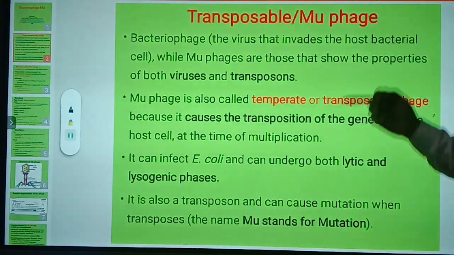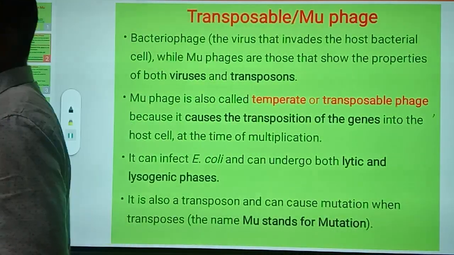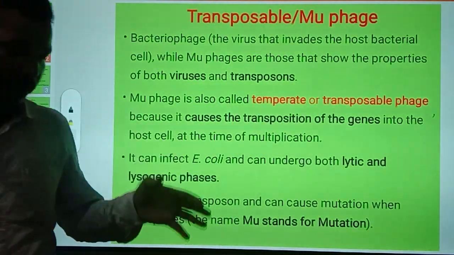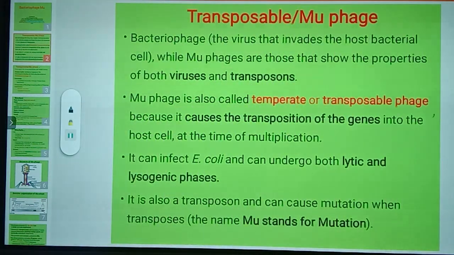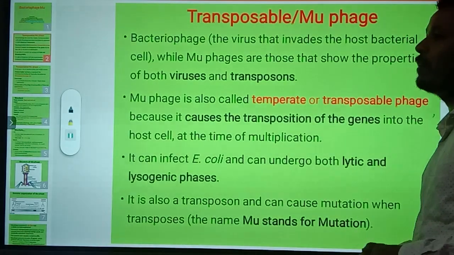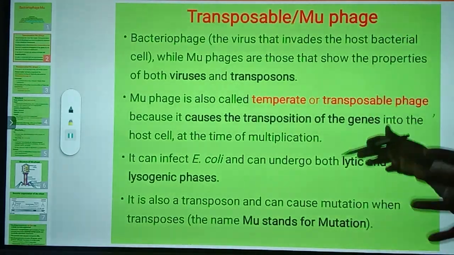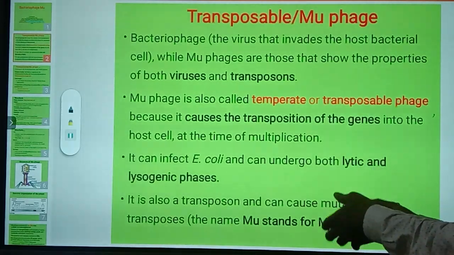Viruses don't have their own replication machinery. They have only the genetic information. So they inject the genetic material into the host cell, hijack the machinery and start multiplying their copies.